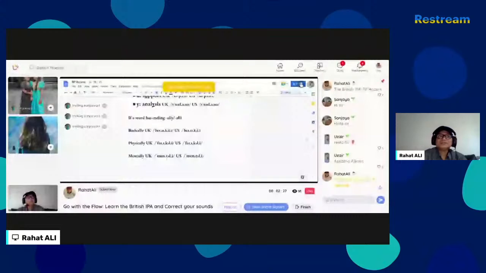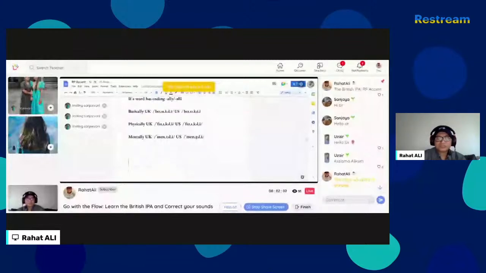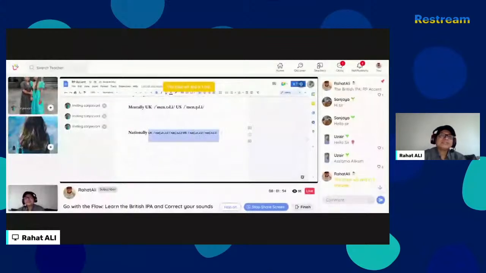How about this one? How about this word? As you can see, this has got the ALLI pattern. It has got a soft sound and a stronger sound.